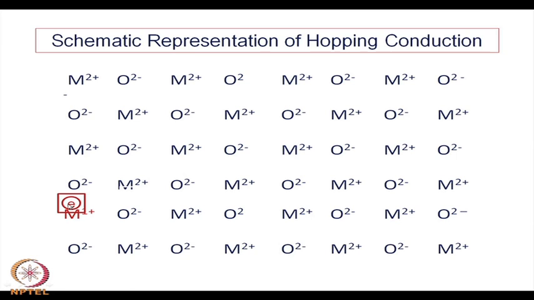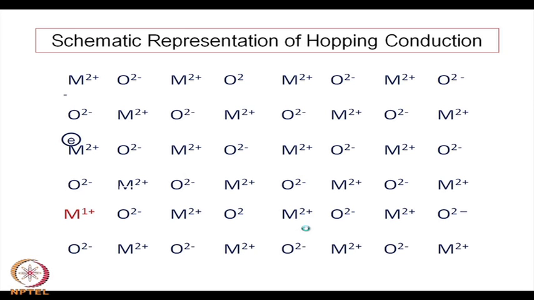Then this electron moves by what is called a hopping mechanism; it hops from one metal site to another, and then to another, in this manner. This is what has been animated here. The electron goes there and sits on top of another metal.